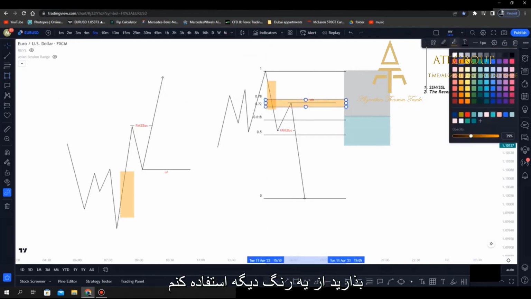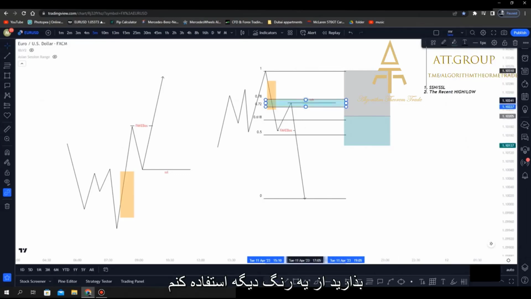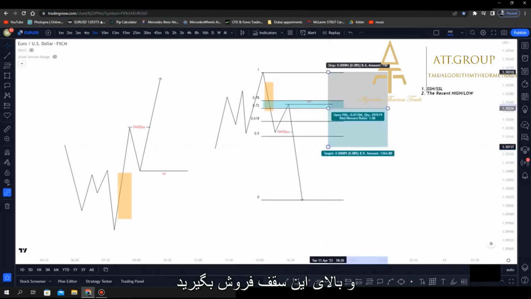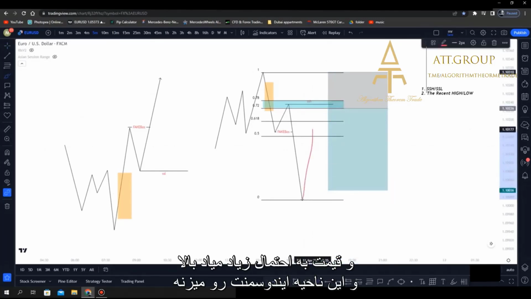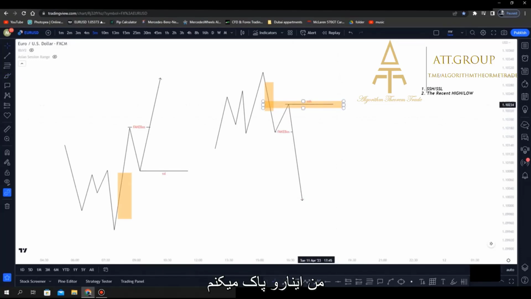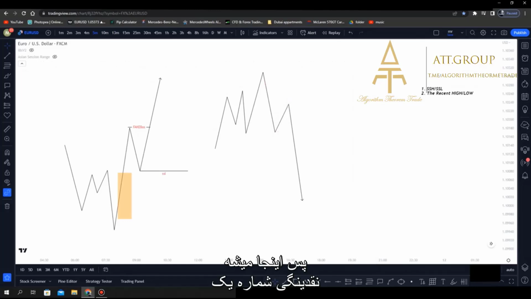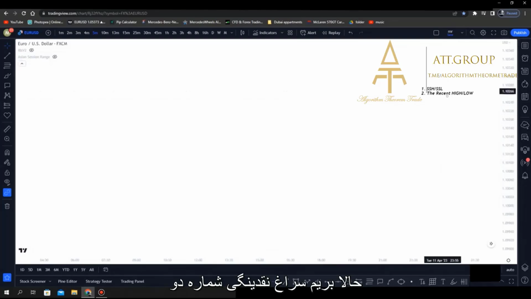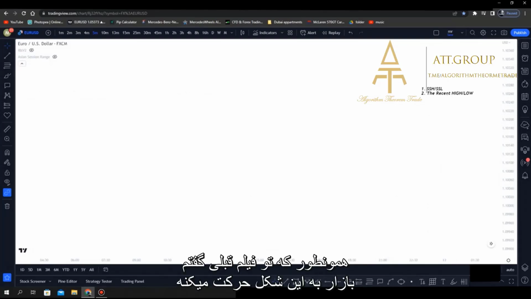We can use this color, for example, and have our entry right here, with stop loss above the high, and price will most likely come here, sweep the inducement, and take the market lower. So let me remove this. This is liquidity point number 1. You can screenshot it, and let's go to liquidity point number 2. And the market, as I said in the previous video, moves like this.